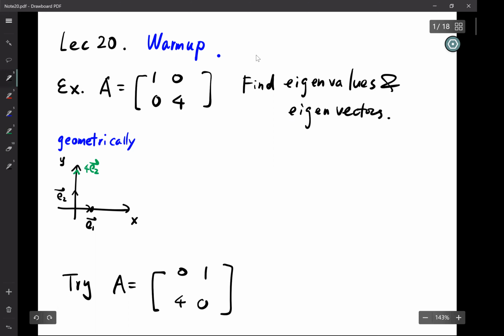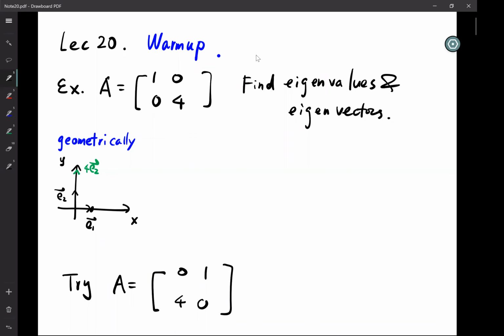You see that E1 and E2 are automatically eigenvectors. Why? Because they satisfy the relation AV equals lambda V. That is, after applying A, it only changes the length of the vector, but not the direction of the vector.